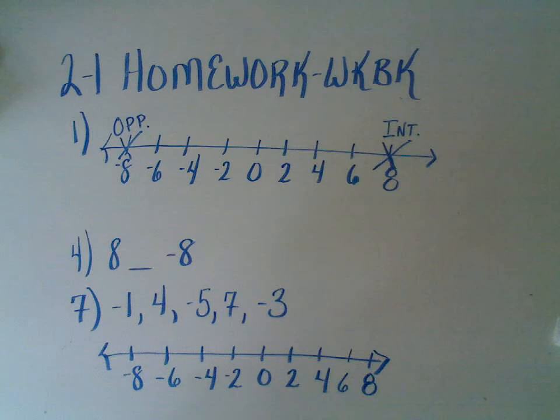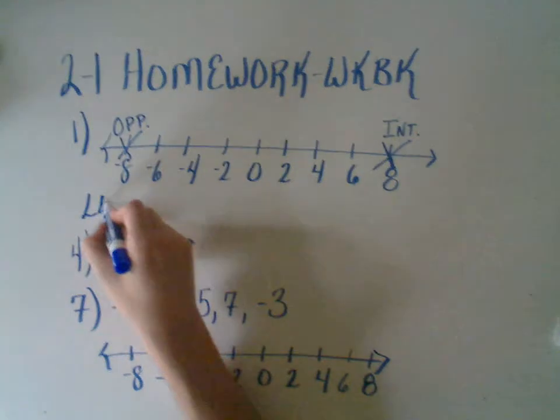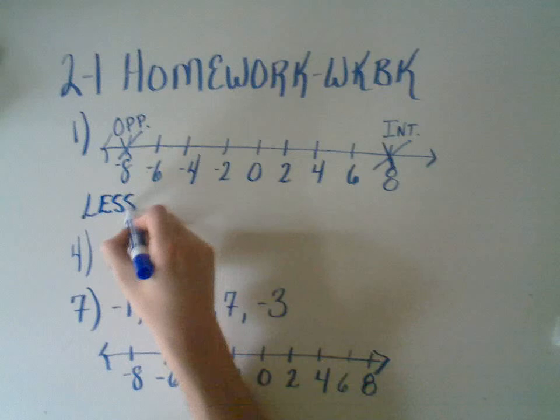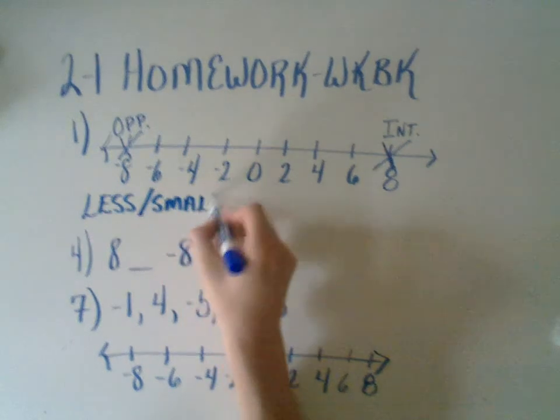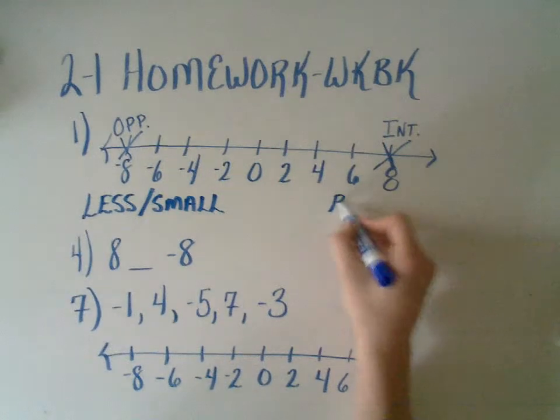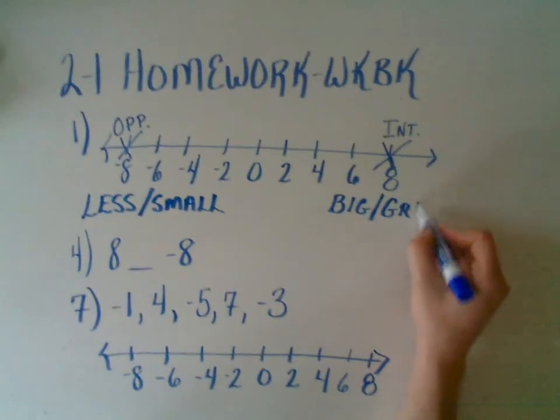Now in question number 4, we're comparing the integers and we're using less than or greater than. So it helps that we've already got a number line here, so I can point out to you to remember that smaller numbers on the number line are off to the left, and the bigger numbers, or the greater numbers, are off to the right on the number line.